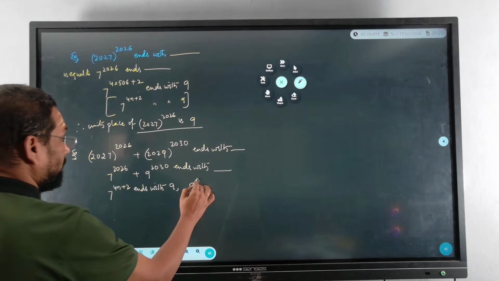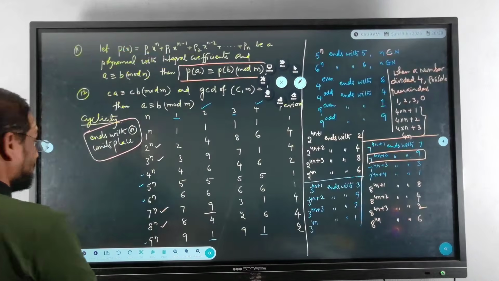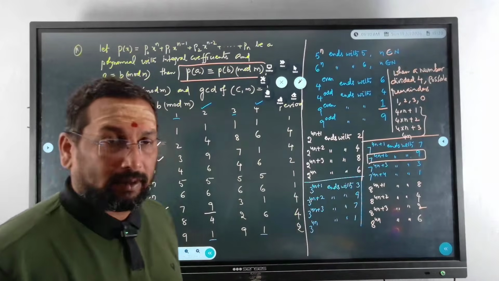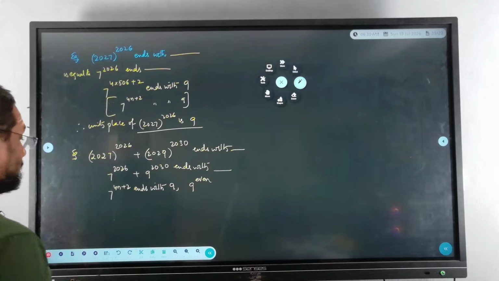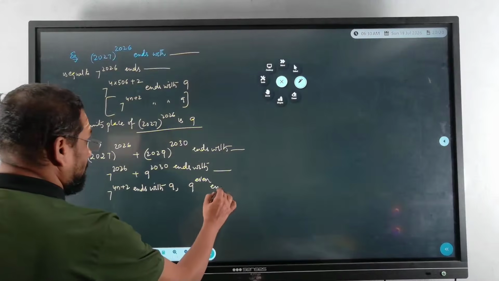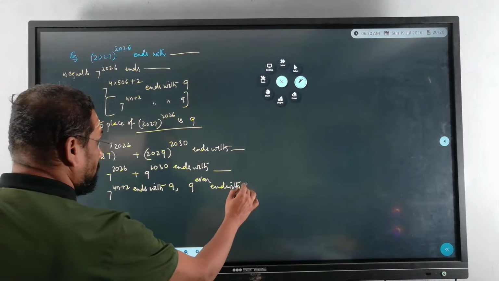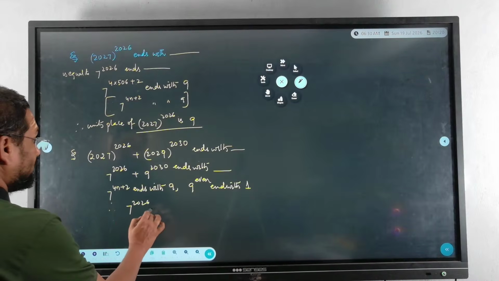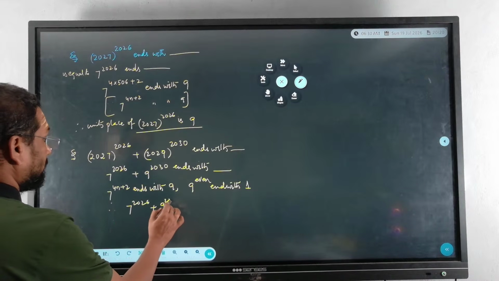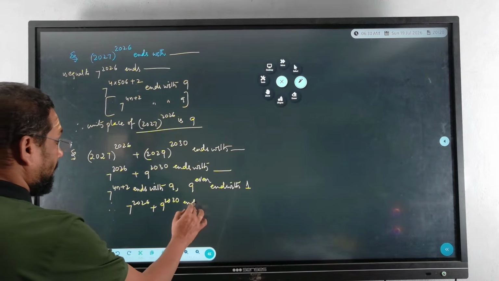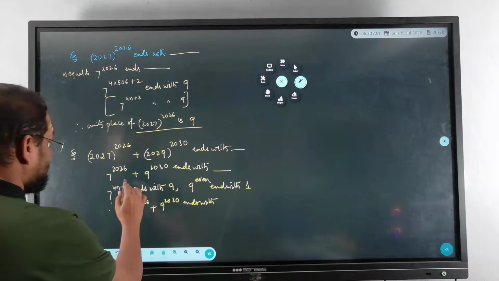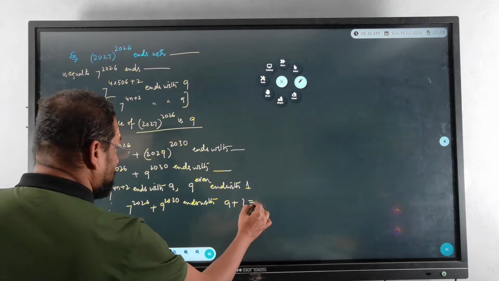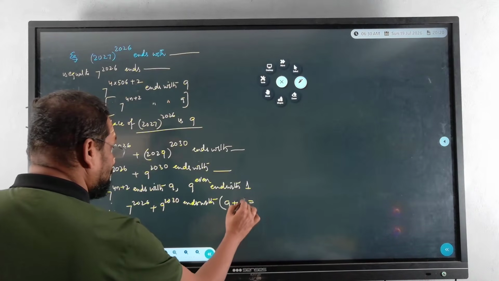Also 9 power even ends with 1. So this one ends with 9 plus this one ends with 1, ends with 0.